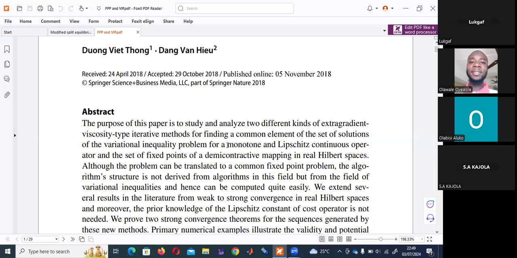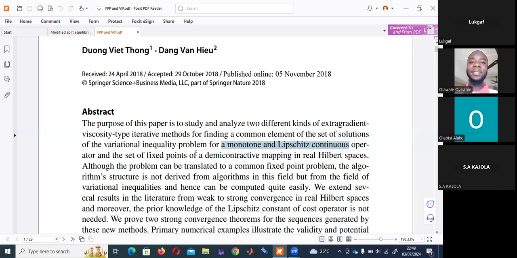Now they mention the type of function: it's a monotone function, and another property of that function is that it's Lipschitz continuous. And the set of fixed points of what type of mapping? So what type of mapping for the variational inequality problem? A monotone and Lipschitz continuous mapping.